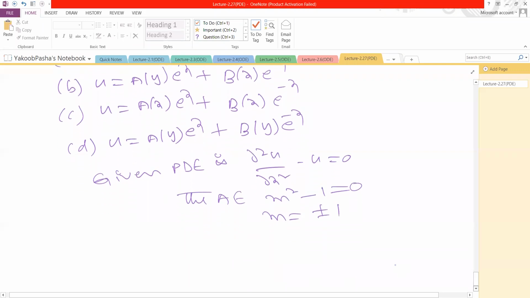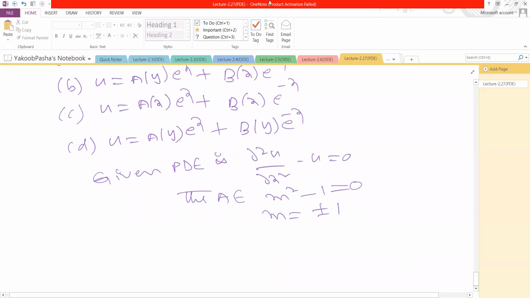When m is equal to plus or minus 1, we can write the complementary function as e to the power of x and e to the power of minus x, as we know from the ordinary differential equation. So u is equal to c1 into e to the power of x plus c2 into e to the power of minus x. That is for an ordinary differential equation.